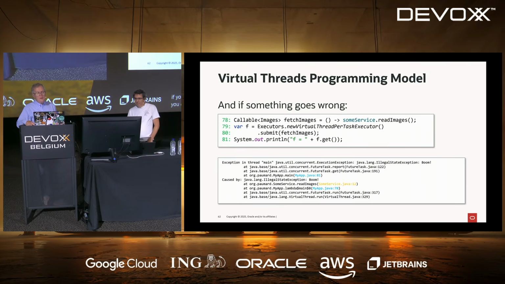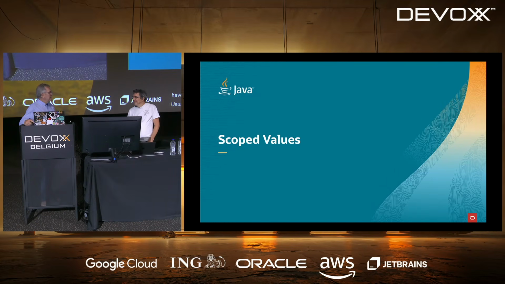You know where it was in some service, line 12, and you know that this callable was created on line 78, which is exactly what you need, and you know that the get call was on line 81. Okay? So you actually have all the information you need to properly debug your code and to fix it if this is what you need. Usually when you have a bug, you want to fix it. Usually. All right, so that was for virtual threads.